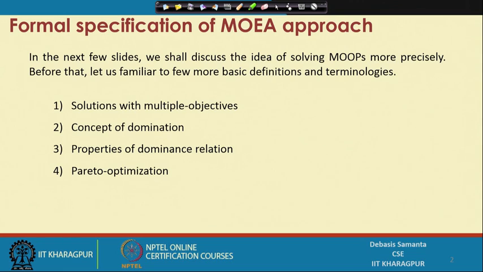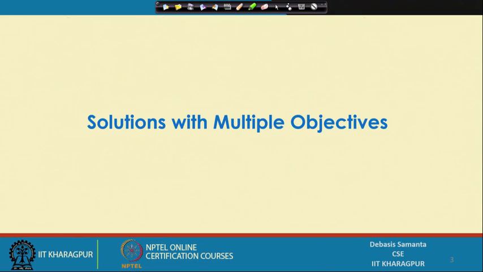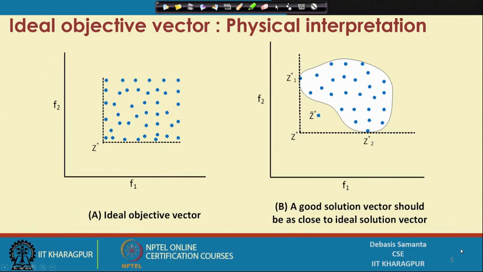We will discuss it, and then we will learn about the properties that a dominance relation holds, and finally, we learn about the Pareto optimization concept. So, all these things we will learn one by one. Let us first start with solutions with multiple objectives and how they can be characterized.